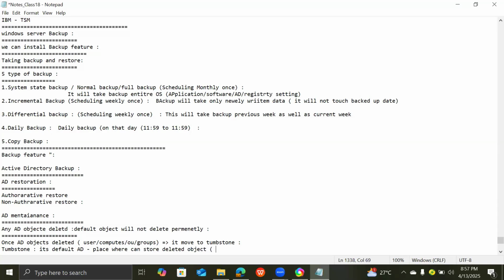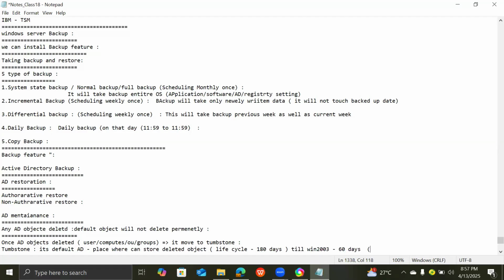And the tombstone has a life cycle of 180 days. Tombstone life cycle is 180 days. Till Windows 2003, the life cycle is 60 days.